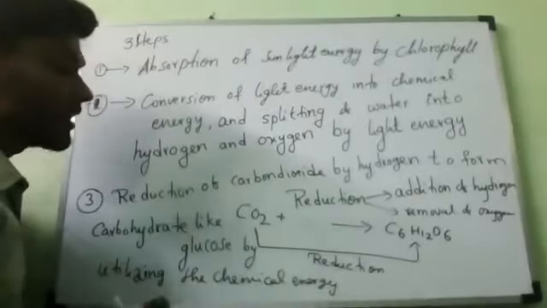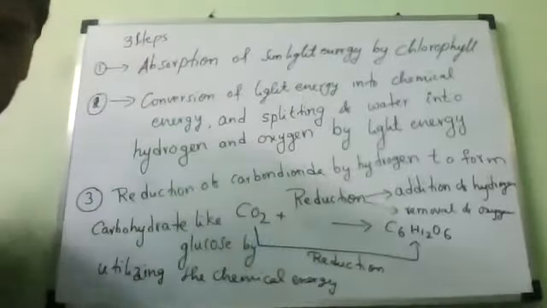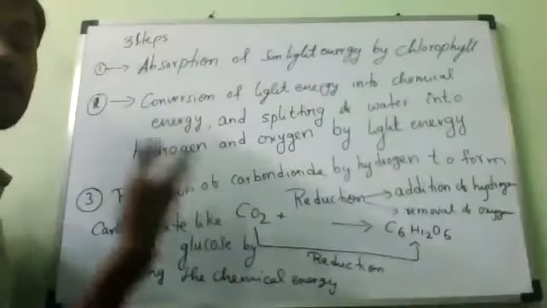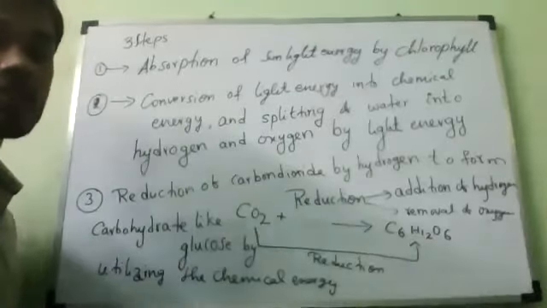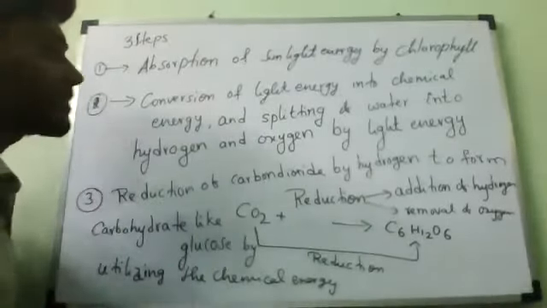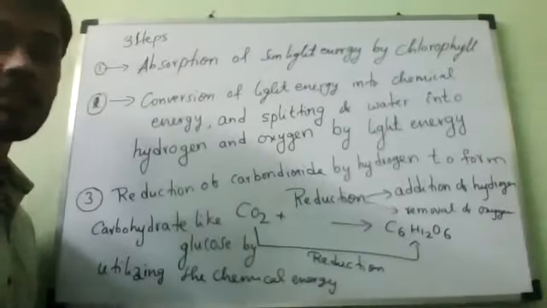By a chemical energy which is transformed from light energy. Is it yes or no? So that is the reason why light energy is present everywhere. That is the important ingredient for the photosynthesis reaction. So these are the 3 steps involved in any kind of photosynthesis reaction.